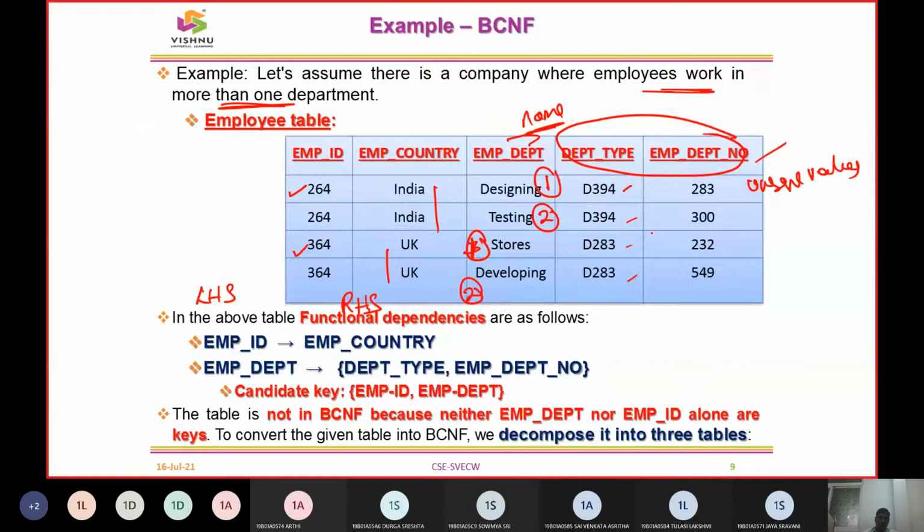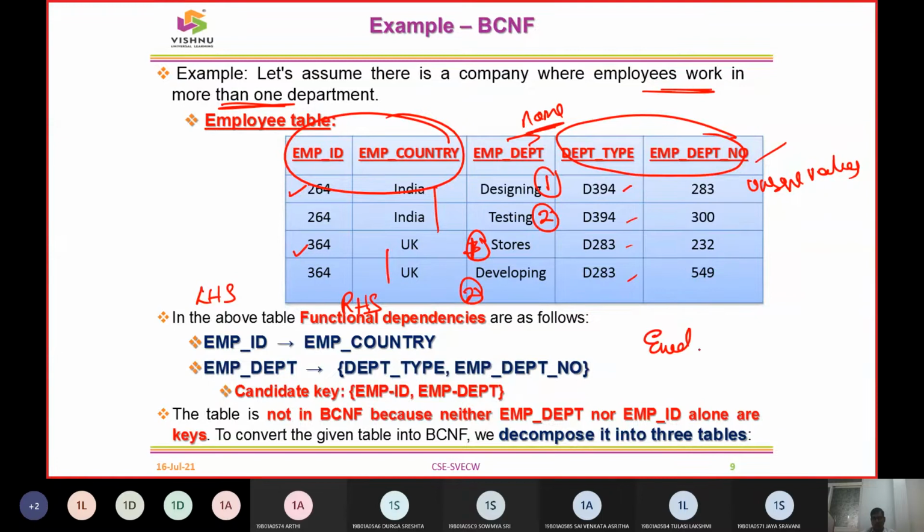Now what will be the candidate keys here? In the first set of relation, I am going to see the employee ID and employee country. Next one, I am going to see the department name followed by type and department number here. If such is the case, now we are assuming two unique keys, two unique sets of items.